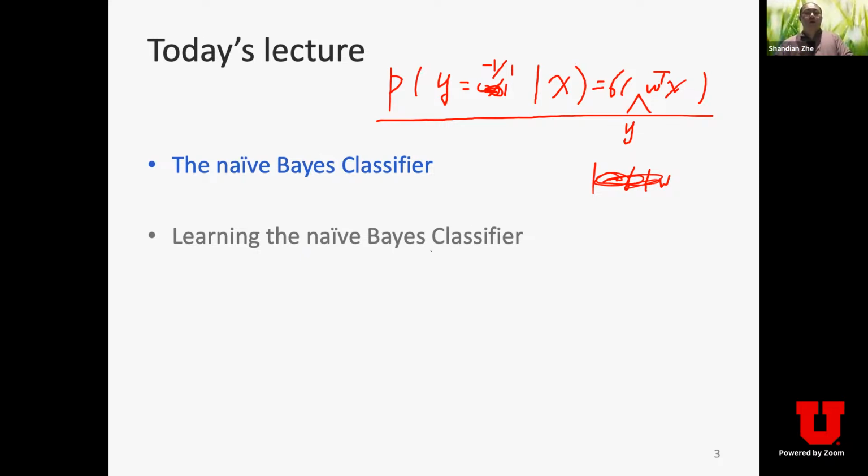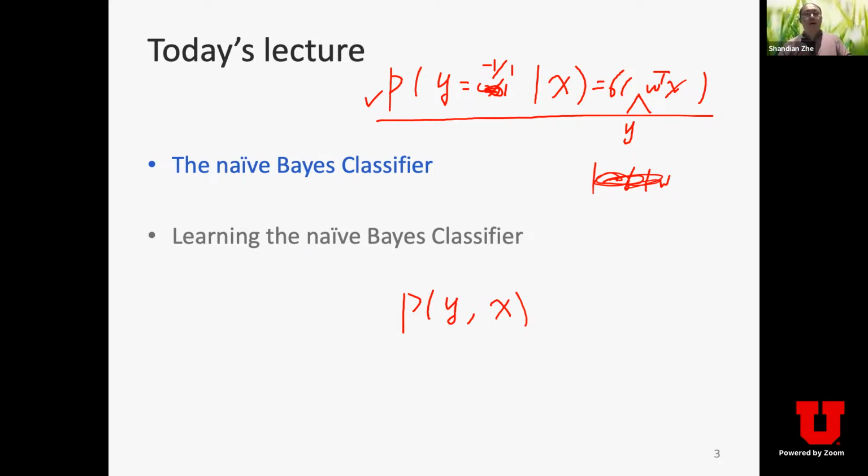What if we build a model of the joint probability of X and Y? This is another strategy. In logistic regression, we do not care about how X is generated. We assume X is given, we condition on X, and we model the probability that Y takes -1 or 1.